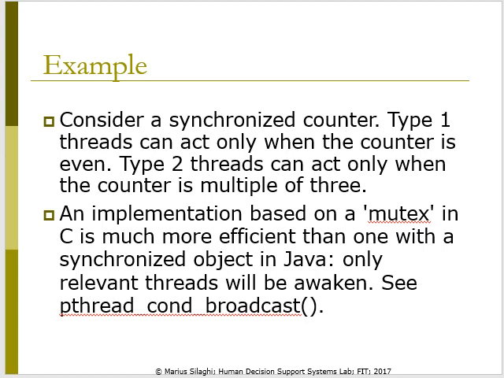In C, you can have two types of condition objects, one for even values and one for multiples of 3, while in Java, with a single object, you have a single condition variable, and one would have to notify all the threads, even those that are not expected to run at the current moment, to wake them up, generating executions that are not desired or that slow down the system. See pthread condition broadcast for more information about what the behavior is in C.